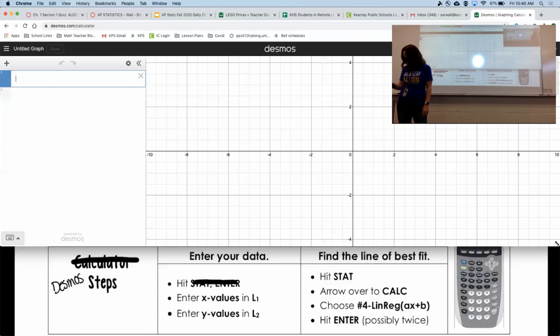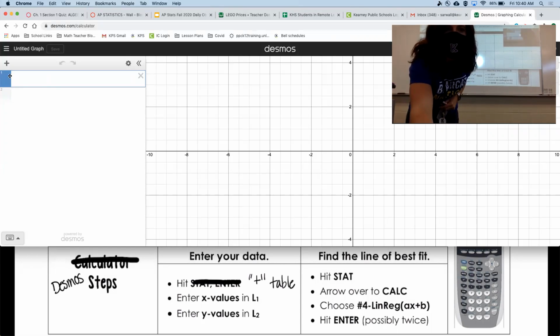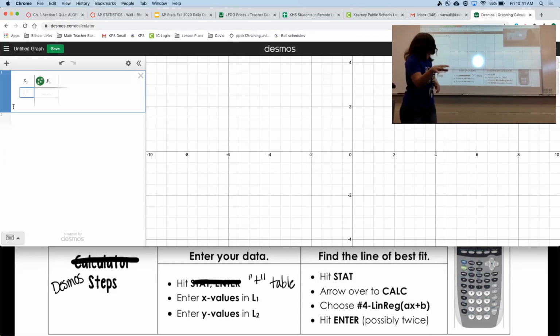So instead of hit stat enter, you're going to hit the plus button, and then choose to insert a table. So hit plus, choose table, and then you get a table that you can start entering your values into.